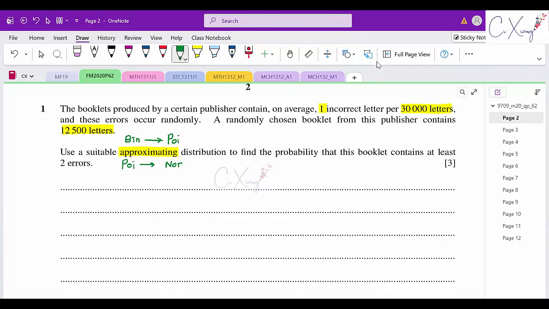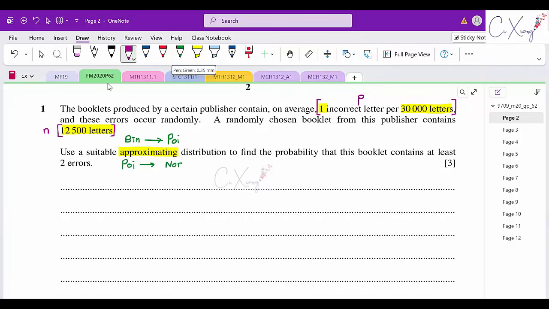We need to know what kind of distribution this originally belongs to. Highlight the phrase, 1 incorrect letter per 30,000 letters. This tells you the probability of an incorrect letter being found. We also have a total of 12,500 letters, which you can assume is n, the total number of trials. So from the number of trials and the probability, you should know that it originally belongs to binomial.